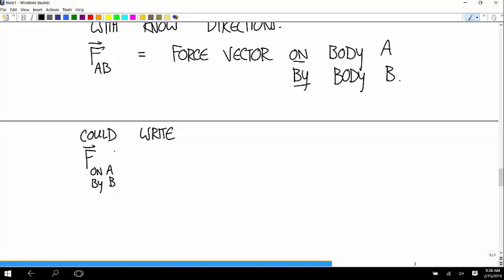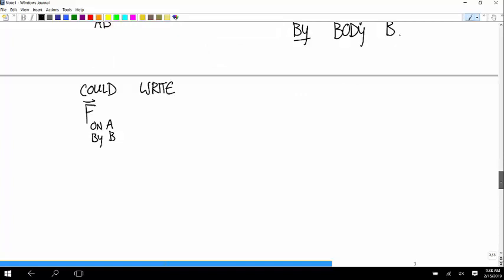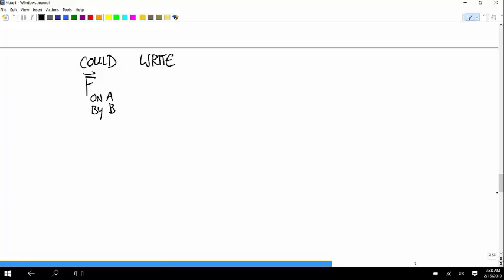To really be clear about communicating what you're talking about to anybody, you'd have to write it like this, force on A by B, or sometimes people write it force B on A. And I know, like in Tony Weinbeck's calc-based physics class, when he uses this double subscript notation, he means the exact opposite of what I do, and that's a bummer, but that's how it is. Anybody have any questions about that? All right. Well, the benefit of this double subscript notation comes up in Newton's third law.